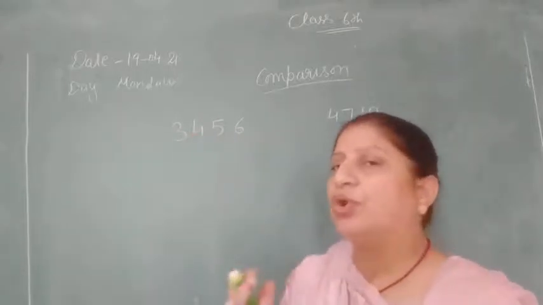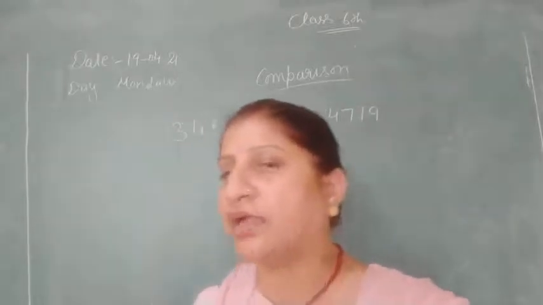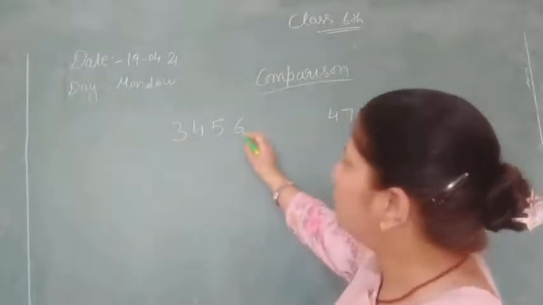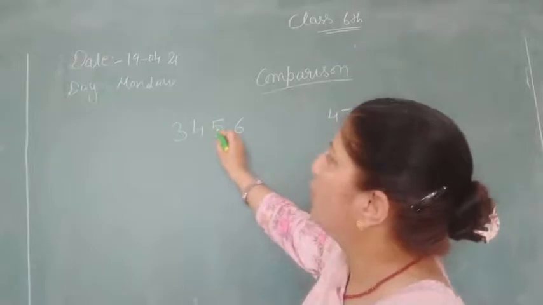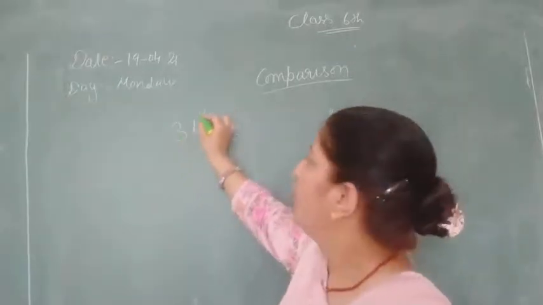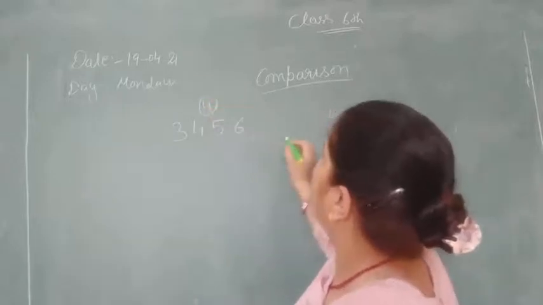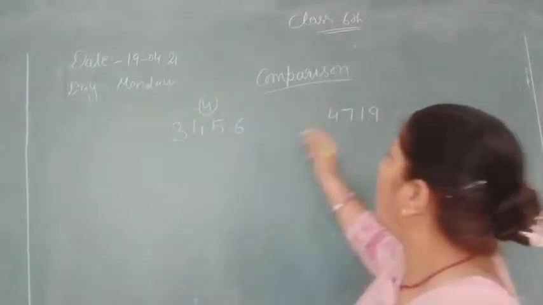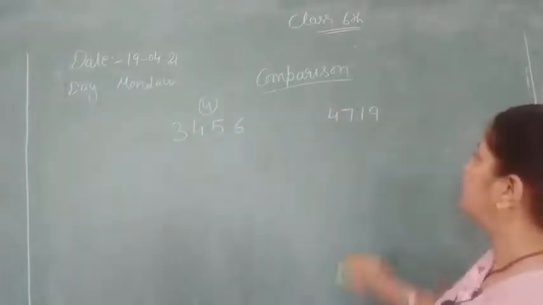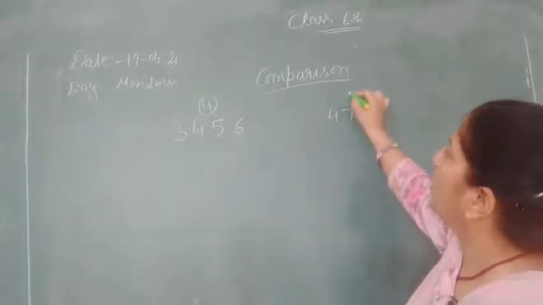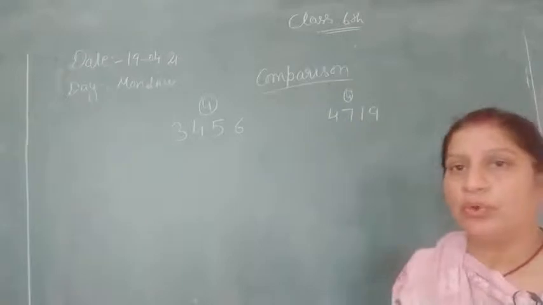Now the first rule to compare numbers is that we have to count the digits. Here we see 1, 2, 3 and 4. This number has 4 digits. And again in this number we see 1, 2, 3 and 4. It also has 4 digits.